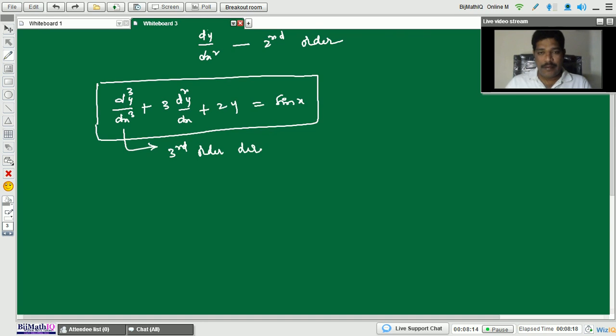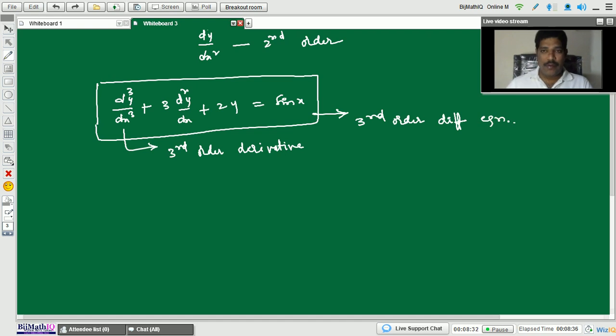So the name of this differential equation is third order differential equation.